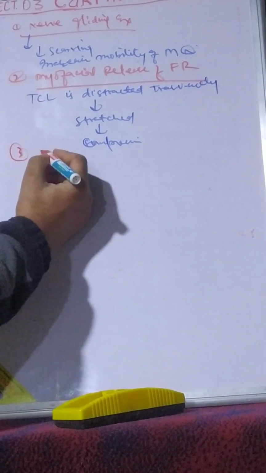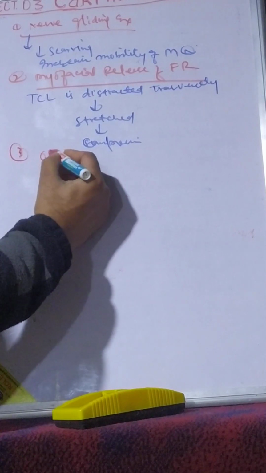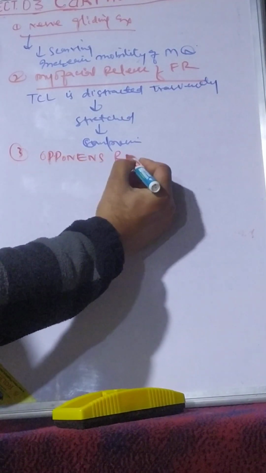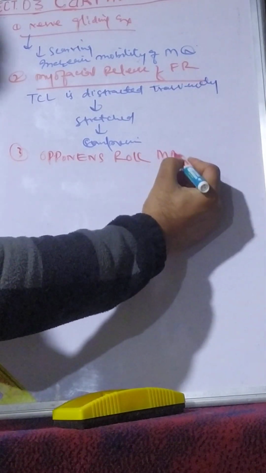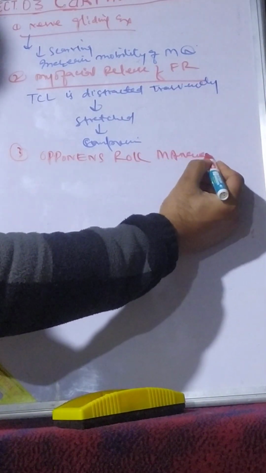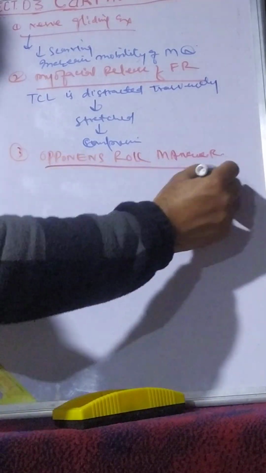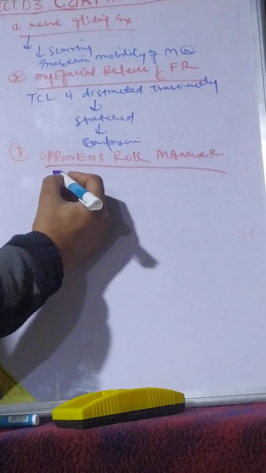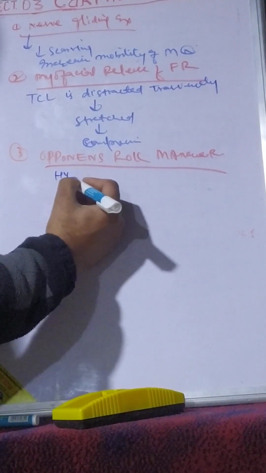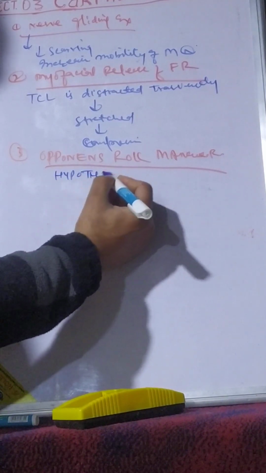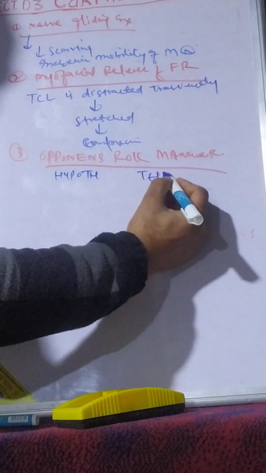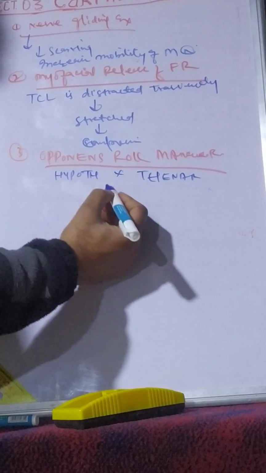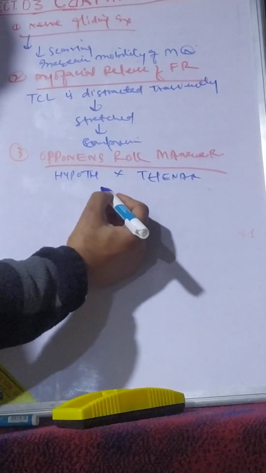And the last one is the opponens roll maneuver. You just hold the thenar and hypothenar muscles, and distract the thumb laterally into extension.